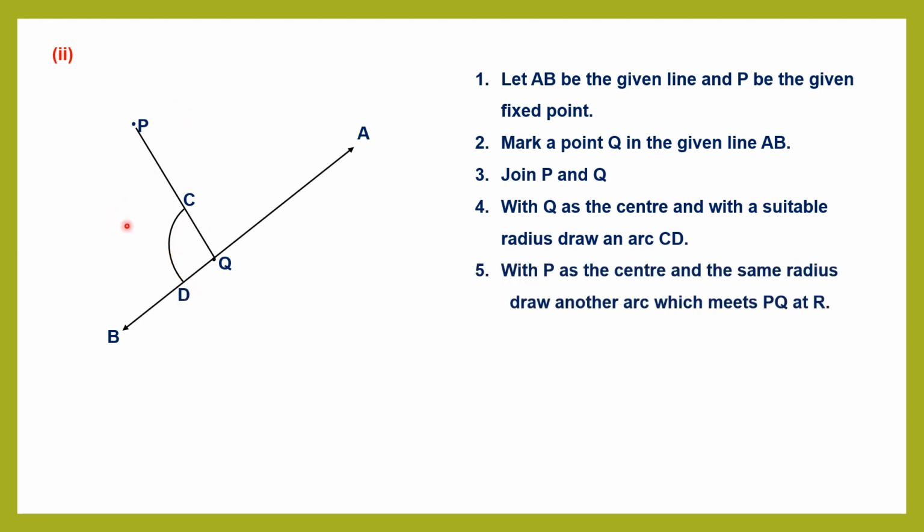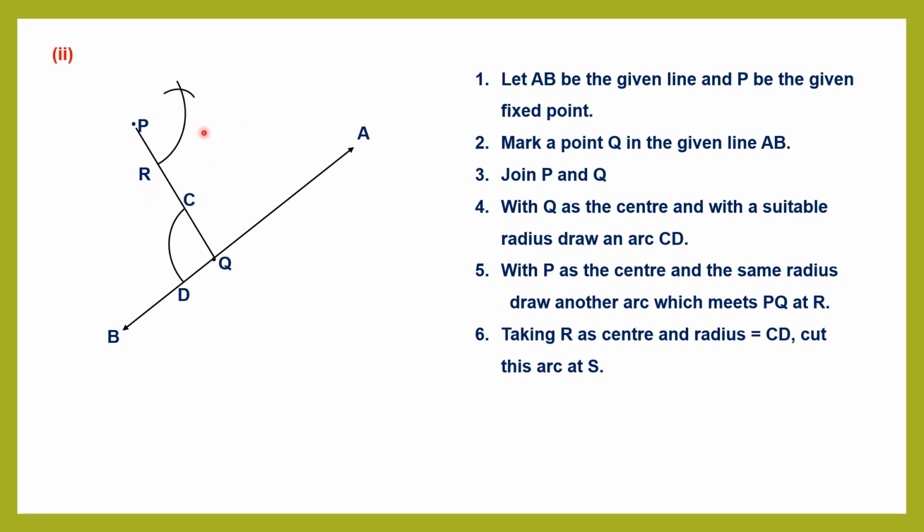This time we're going to take P as the center and with the same radius draw another arc, and that is meeting this line at R. Then keep it at R and cut an arc here. So taking R as a center, with the same radius as CD, cut this arc at S. We're going to name it S. Now you have an intersecting point S and a point P. We're going to join both.